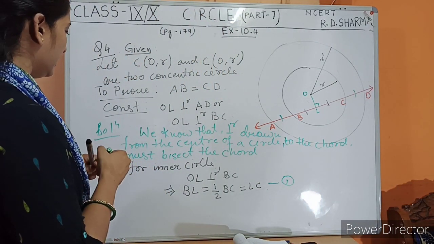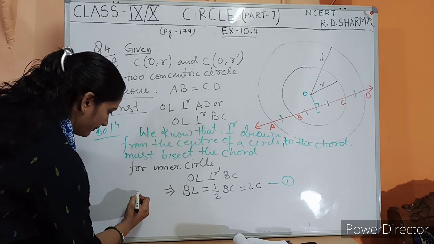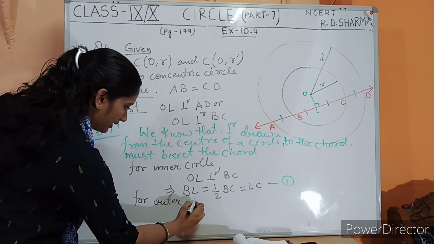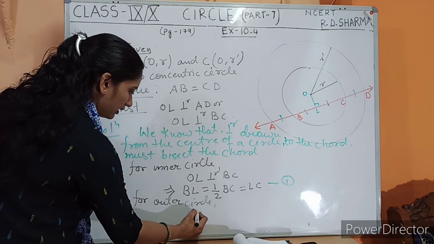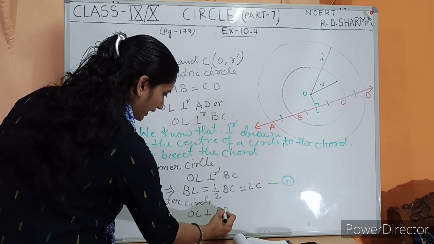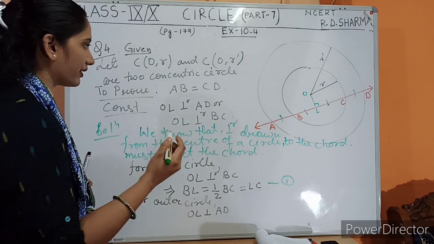Now similarly, just check out for the outer circle. For outer or the bigger circle. You must see OL is perpendicular on AD. Right? So what we conclude from here?